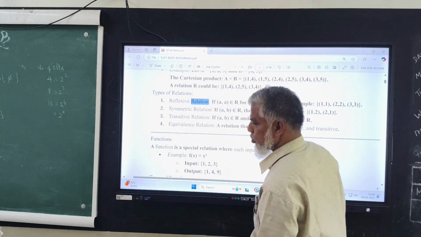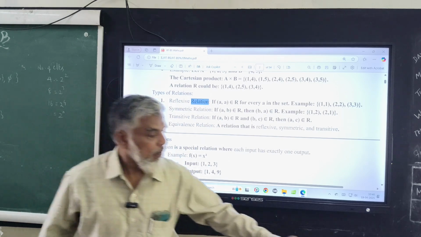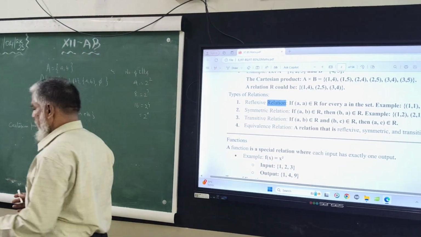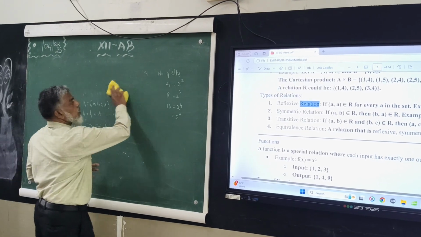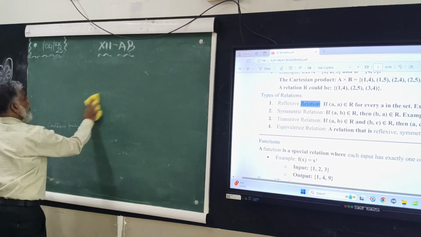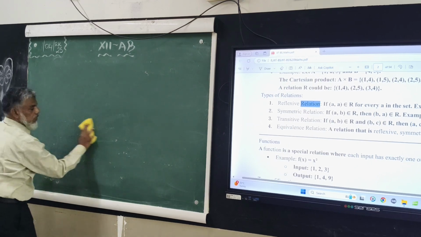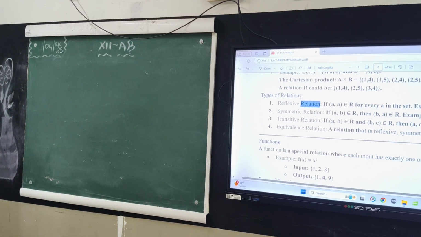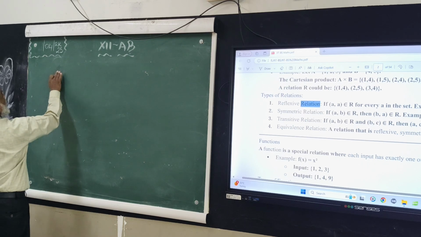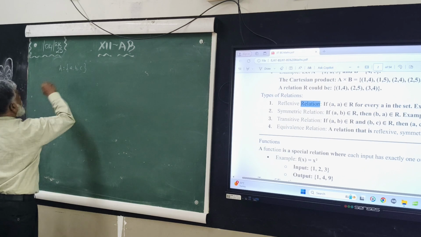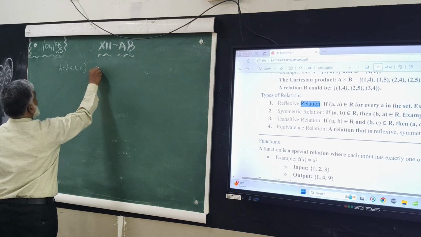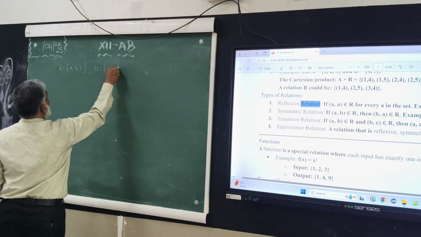Example: (1, 1), (2, 2), (3, 3). Now, whenever we study a new concept, we should give an example of a relation and a non-example of a relation. So let us take a very simple and useful example. A equals {a, b, c} and B equals {1, 2}.